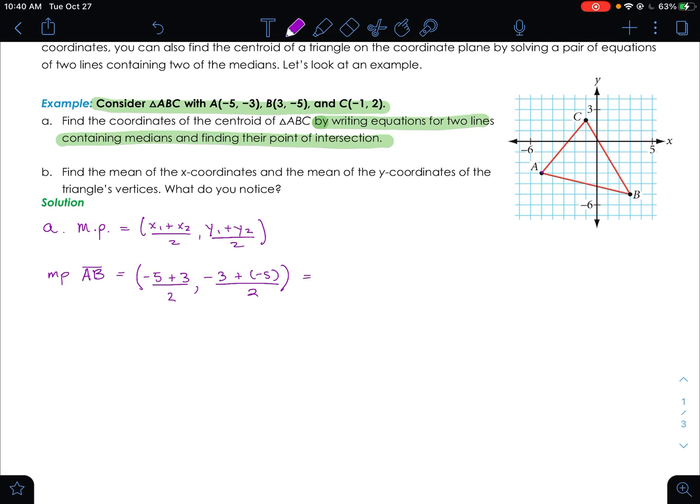And then we would find that the midpoint of this line segment would be -5 plus 3 is -2. -2 divided by 2 is -1. And then we have -3 plus -5 is -8. -8 divided by 2 is -4. So if we go ahead on our triangle and mark the midpoint of AB, we have -1, -4, which is right there.